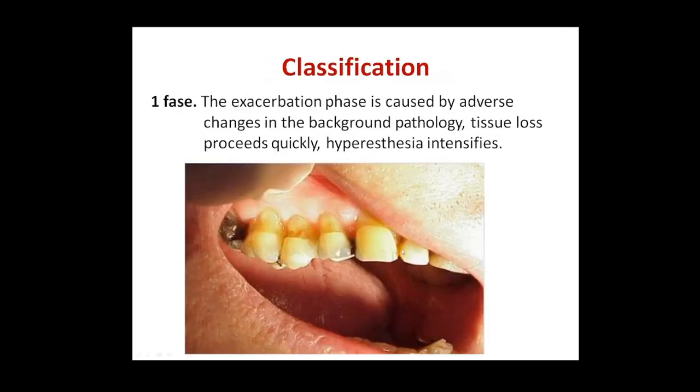And according to the course, there is a classification by phases. First phase. The exacerbation phase is caused by adverse changes in the background pathology. Tissue loss proceeds quickly. Hyperesthesia intensifies.